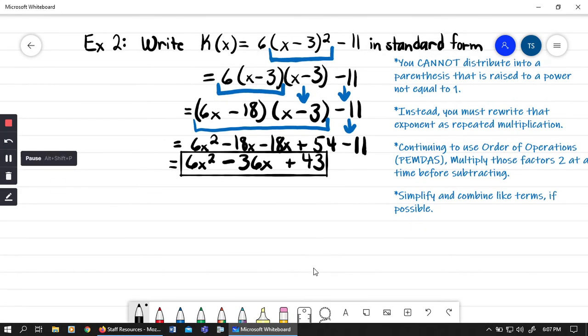Okay. So next, we're going to look at certain components of that standard form. We're going to look at certain pieces of that standard form of quadratic functions, and we're going to look at what particular key features that quadratic form can determine, or what key features the components of a quadratic form can determine.